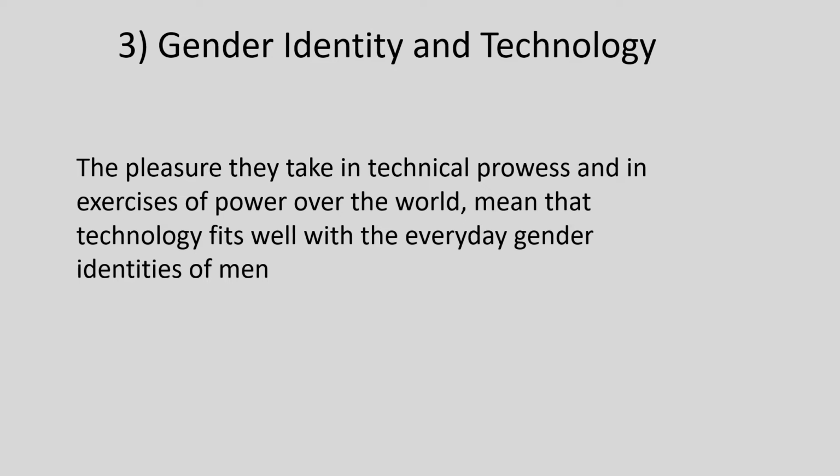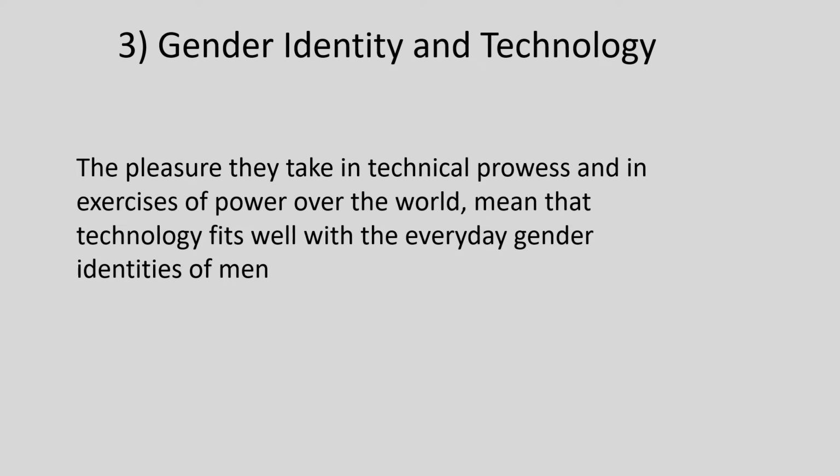Third, the gender identity and technology. She mentions here that the pleasure men take in technical prowess and in exercises of power over the world means that technology fits very well with the everyday gender identities of men. So again, the instrumentalism idea, and the pleasure in technical control, in mastering a piece of the world, a piece of equipment, or a piece of technology, fits well with men's common everyday gender identities, and is less tied to the relationship-focused way that female gender identity works.